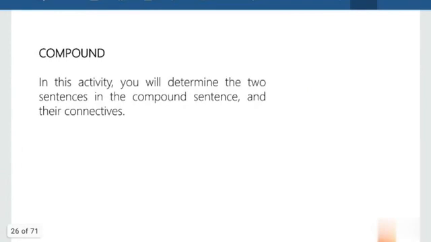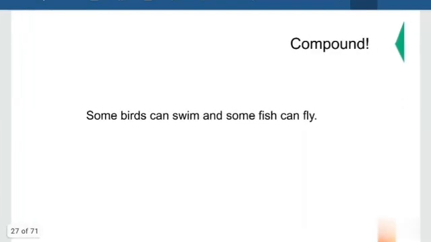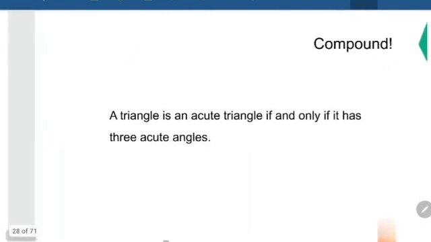Let's determine the two sentences, or I should say statements, in the compound statement, as well as determine their connectives that was used. First one, some birds can swim and some fish can fly. So obviously this is the first one, this is the second one, this is your connective.